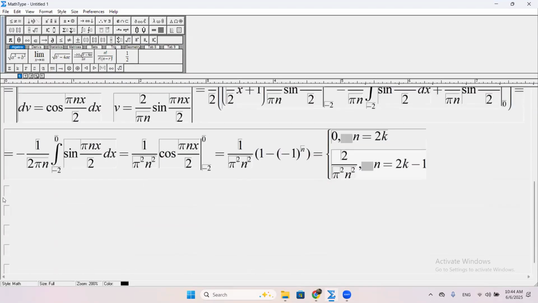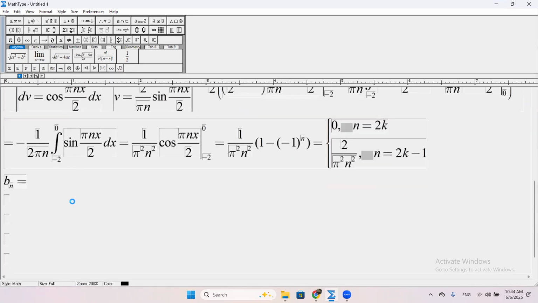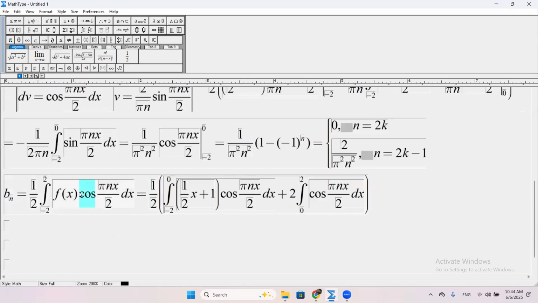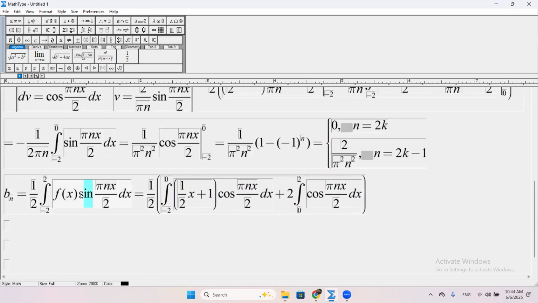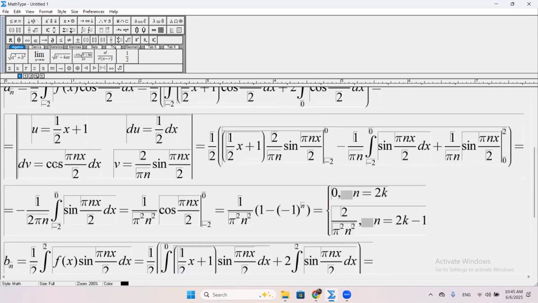Now calculating Bn. Okay, let me just copy and paste it and replace cosine with sine instead. So the following stuff.